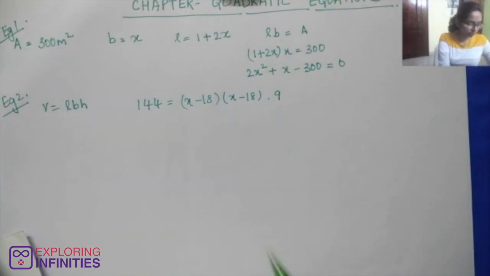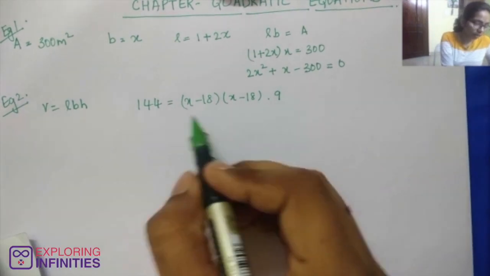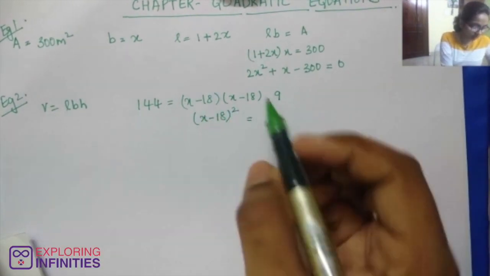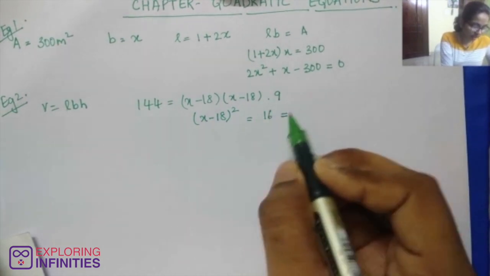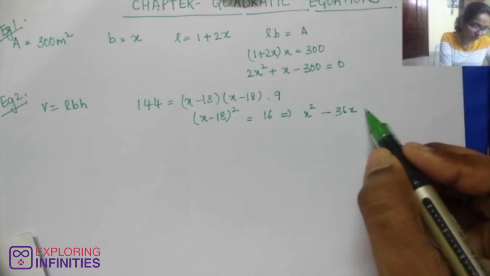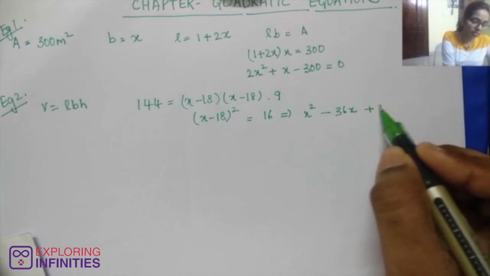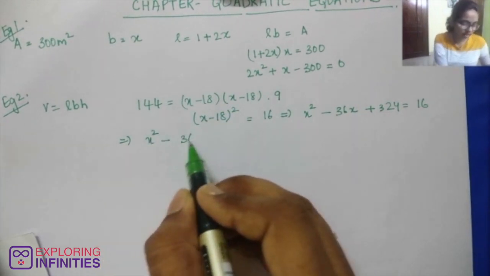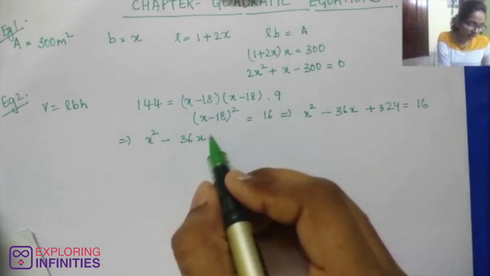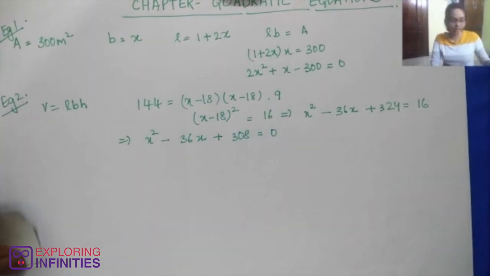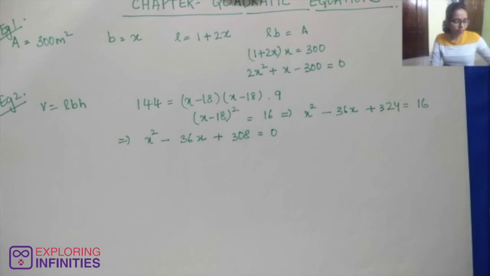Simplifying, you have x minus 18 whole square is equal to 16, which is x square minus 36x plus 324 equal to 16. Simplifying further, x square minus 36x plus 308 equal to 0. So here you again have a quadratic equation. These are some examples of how such quadratic equations are developed.